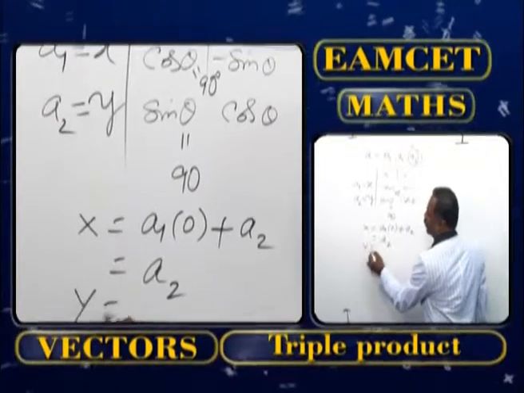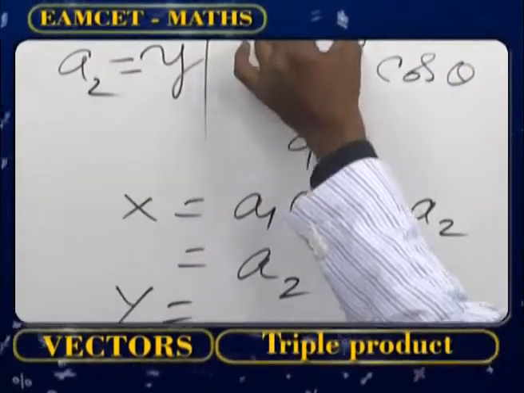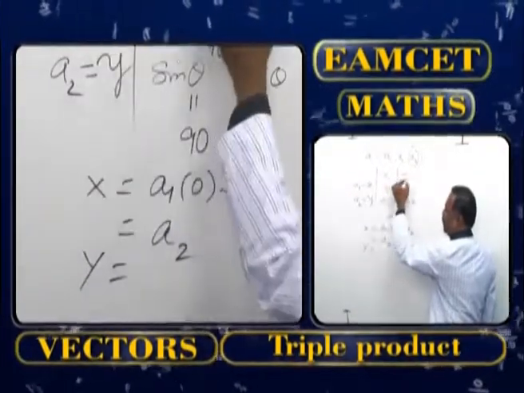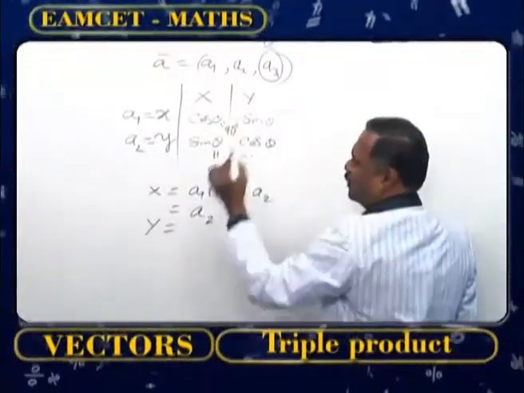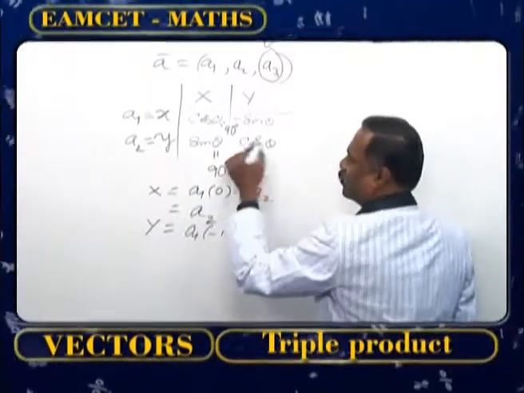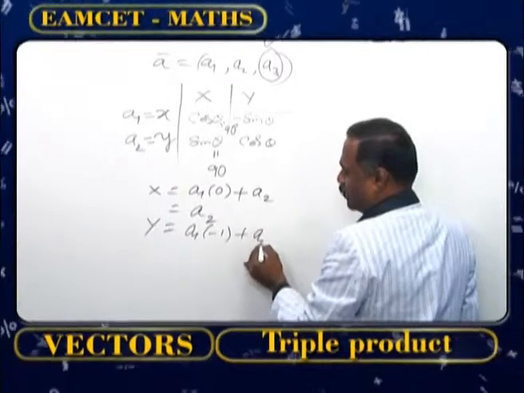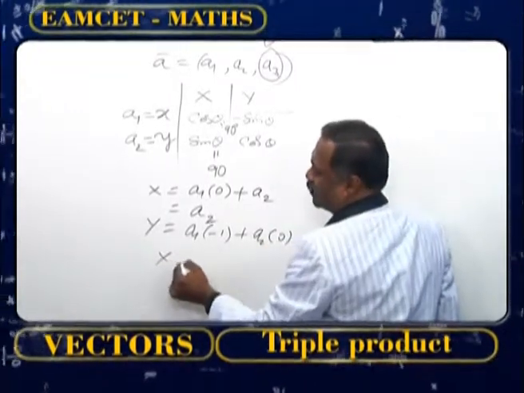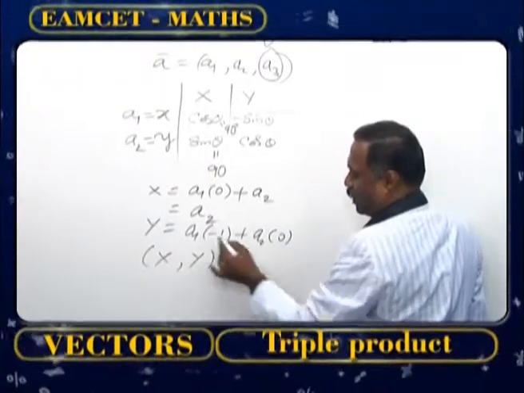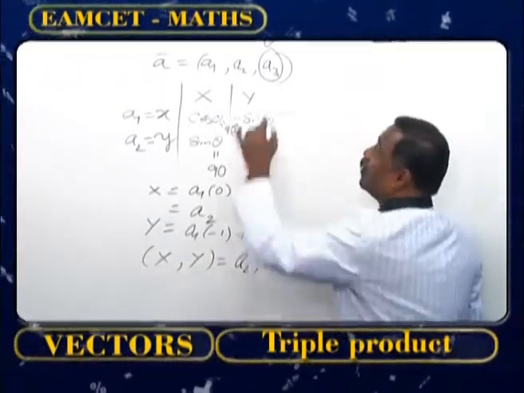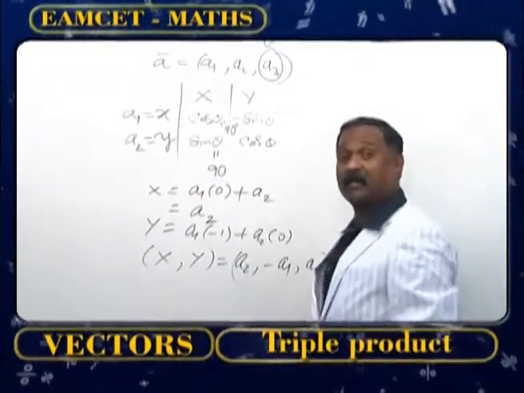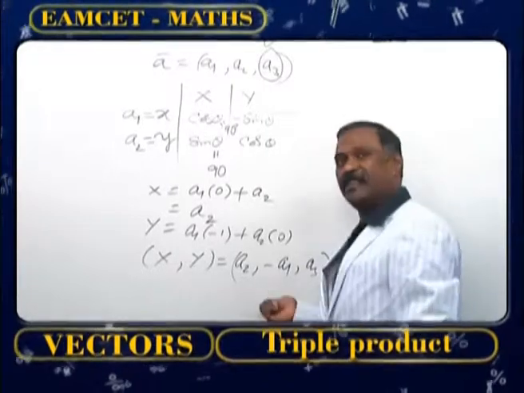The new y coordinate is A1 into minus sin 90, that is A1 into minus 1, plus A2 into cos 90, that is A2 into 0. So capital X, capital Y becomes A2, minus A1, and A3 remains as it is. These are the coordinates in the new system.